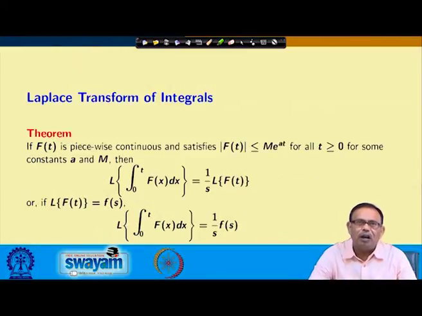The next one is the Laplace transform of integrals of a function.